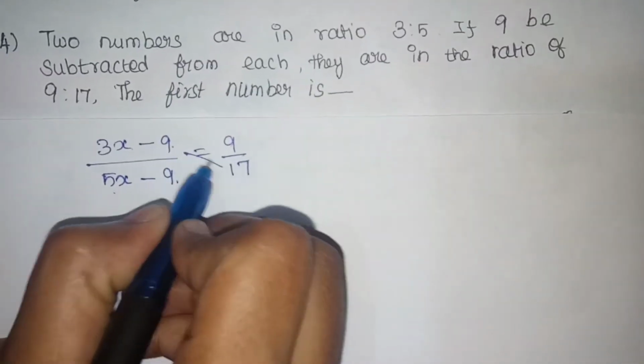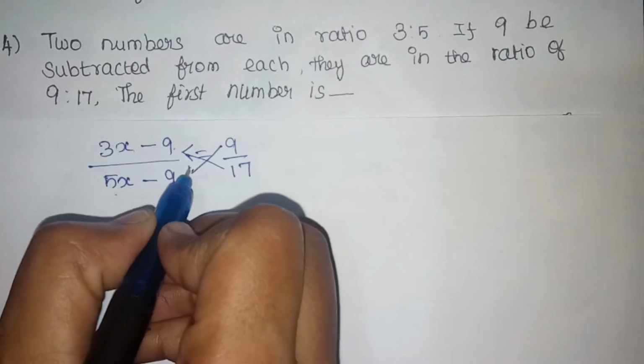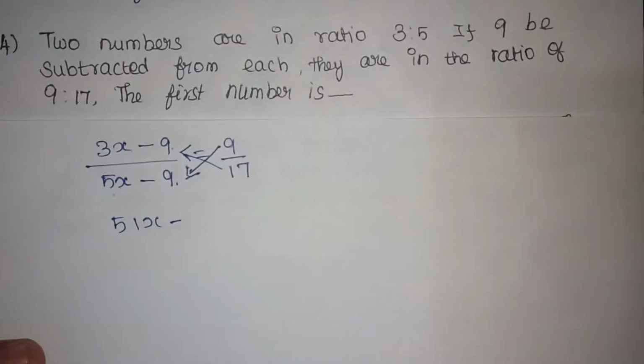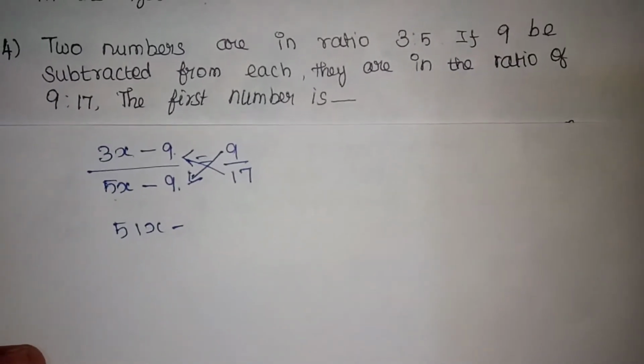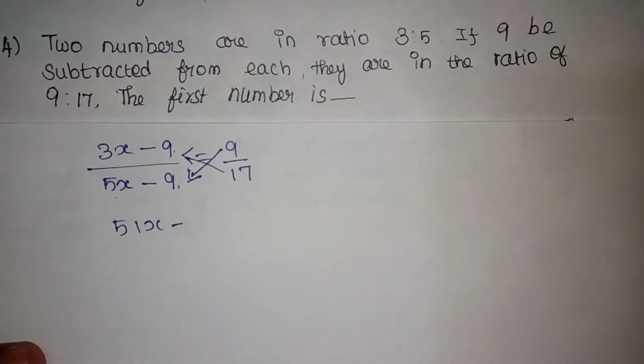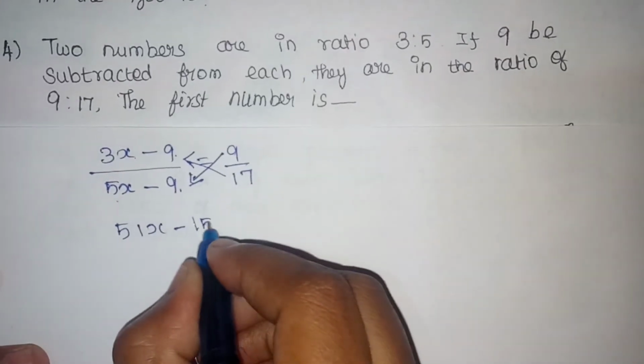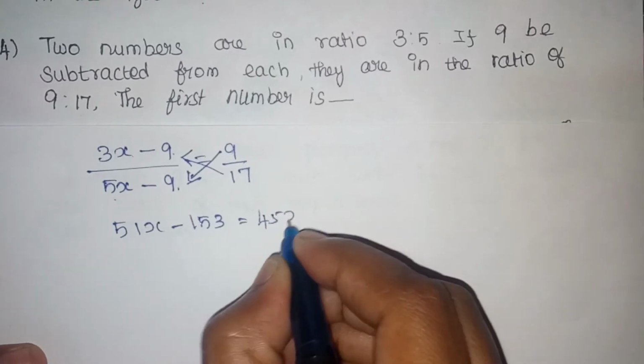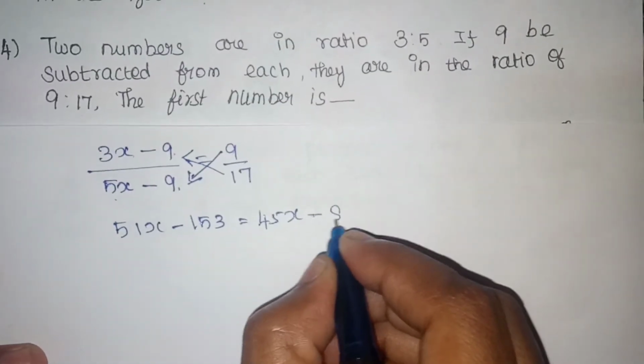We have to multiply this 17 with this and we have to multiply this 9 with this. So see here, 17 into 3, 51x minus 17 into 9, 153. Similar way, 9 into 5, 45x, 9 into 9, 81.